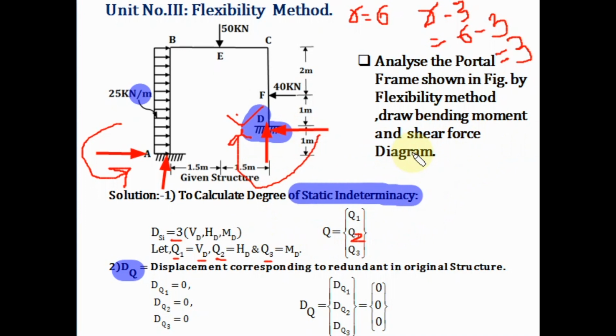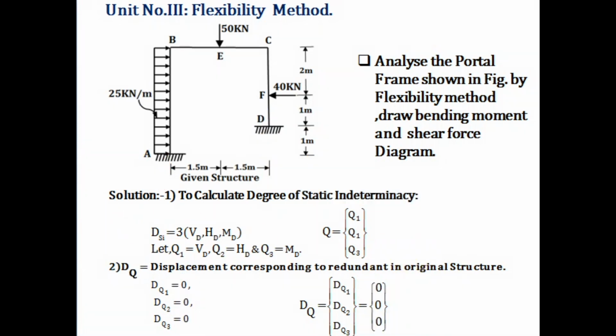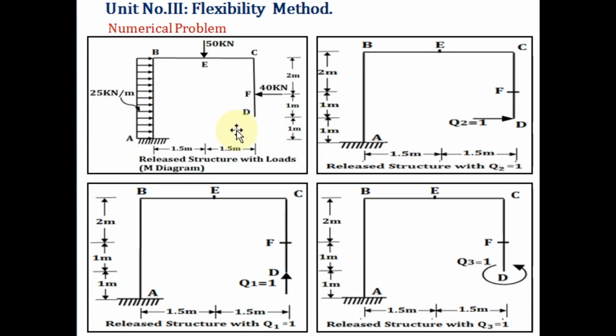At that support no spring support is provided, and the sinking of support D is not given. So the DQ matrix, DQ1, DQ2, and DQ3, will be equal to 0.